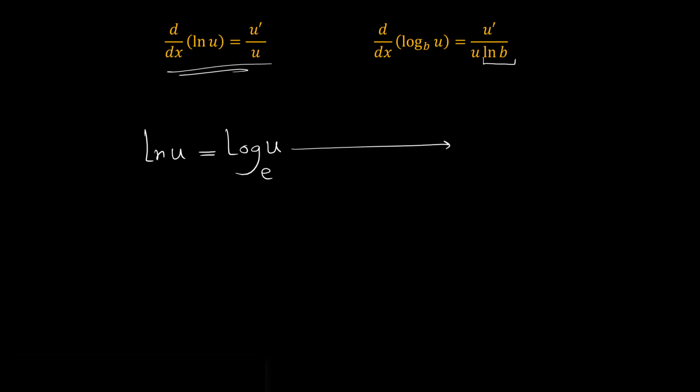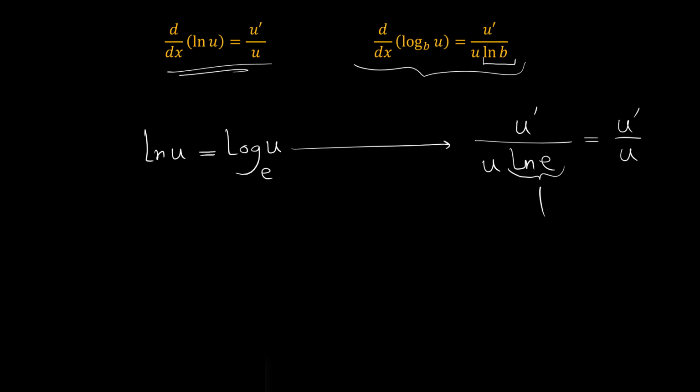And so based on the general formula that here we have, derivative of log of u in the base e, which is actually ln of u, is u prime over u ln of the number e. But we know that ln of e is 1, and so this formula simplifies to u prime over u.